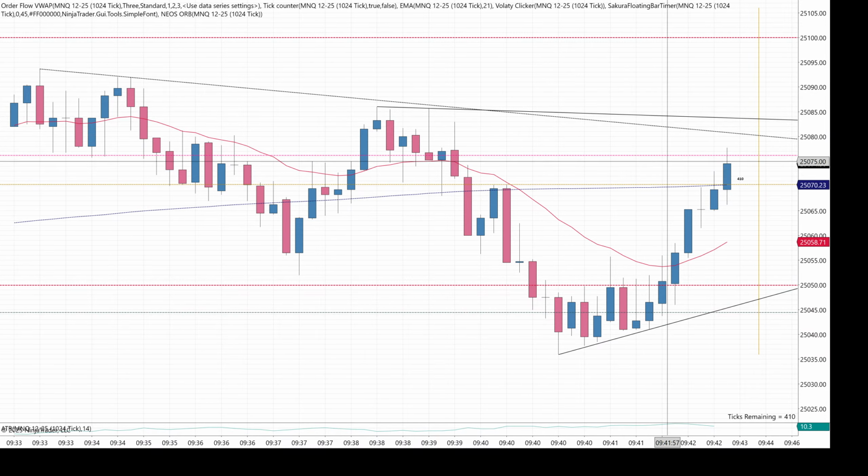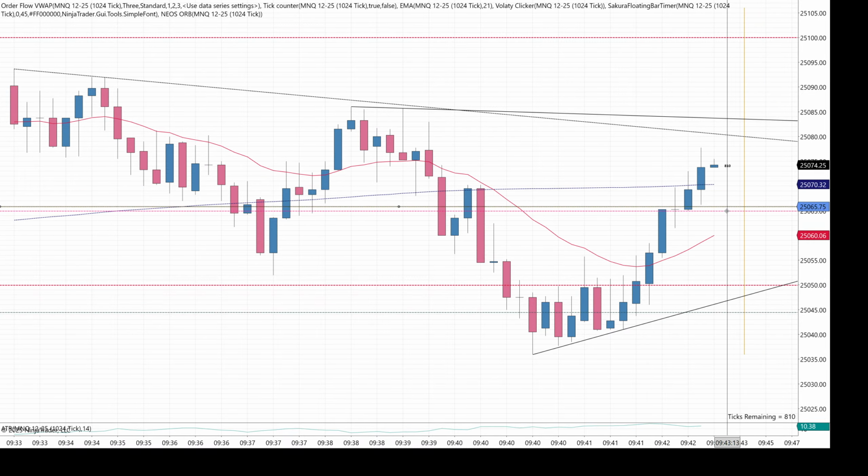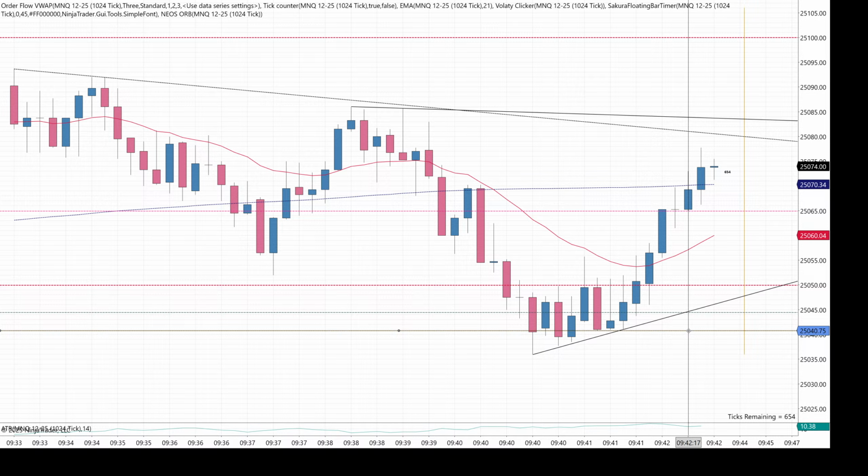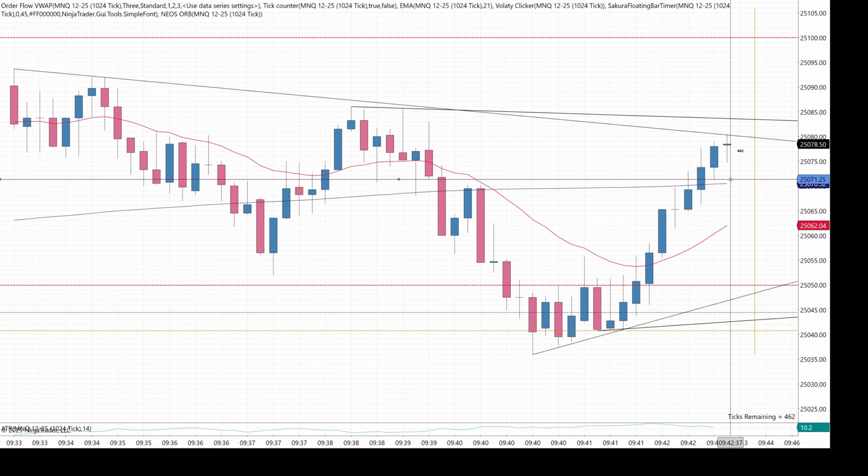Let's keep track of the runner. Golden ruler moves down to 40.75. Runner still moving up.